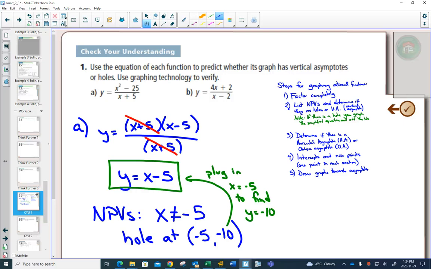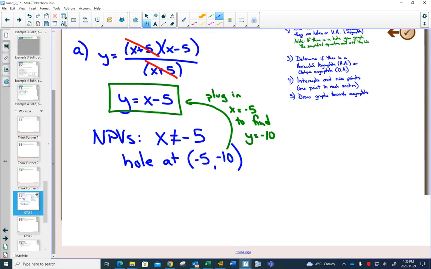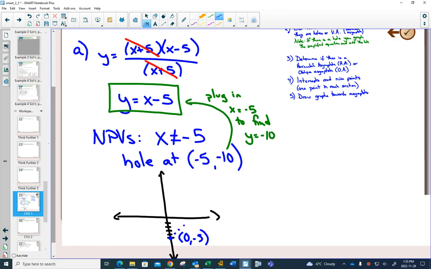Do you know how to graph y equals mx plus b? Yes. You do not even have to do any of these steps, 3, 4, and 5, because when you go to graph this, it's a line. You already know how to graph a line. How do I graph a line? Well, I start with my y-intercept, which is at minus 5. My slope is 1, so up 1 over 1, up 1 over 1, up 1 over 1.